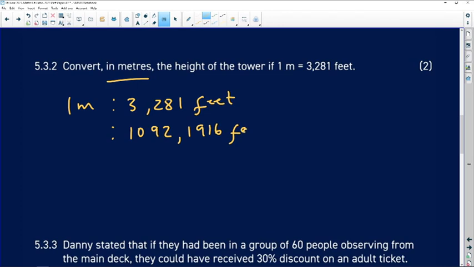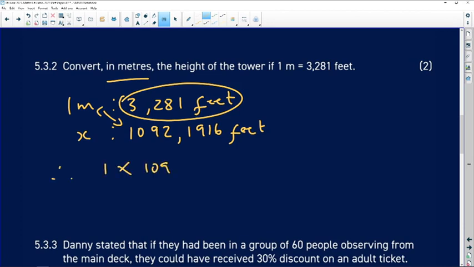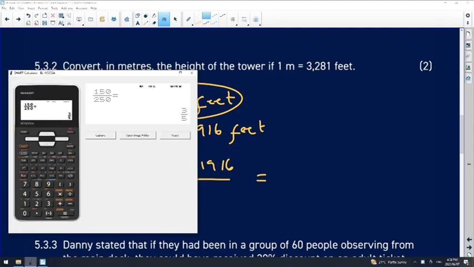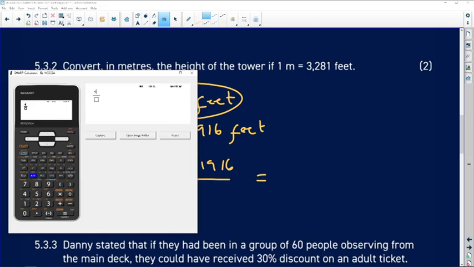1,092,196 feet. So we're converting it. Cross multiply and divide. Therefore, 1 times 1,092,196 divided by 3,281. Calculator yet again.